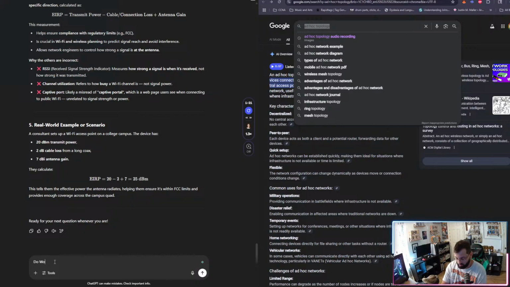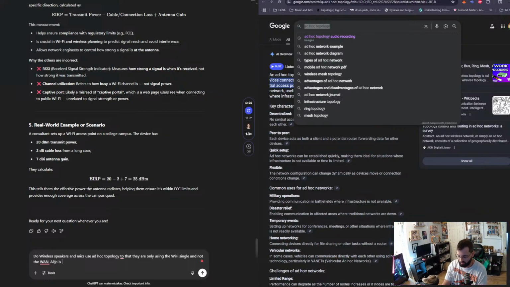Do wireless speakers and mics use ad hoc topology so that they are only using the Wi-Fi signal and not the WAN?